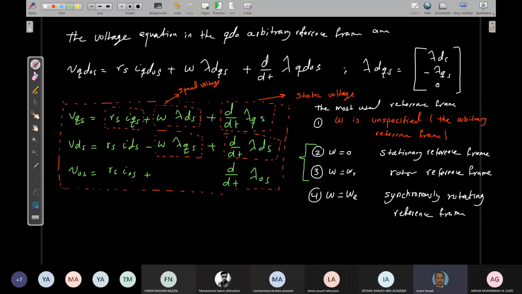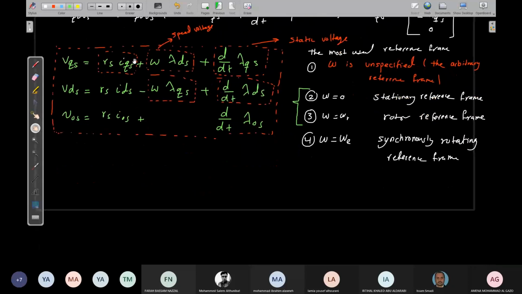So now, let's try to find the equation of transformation for the rotor circuit.